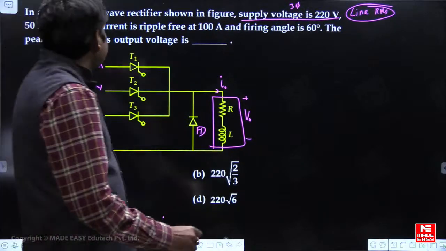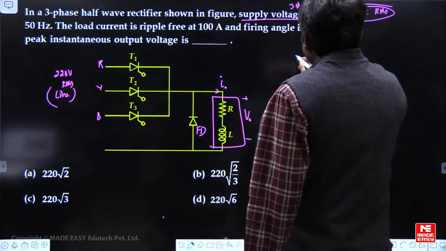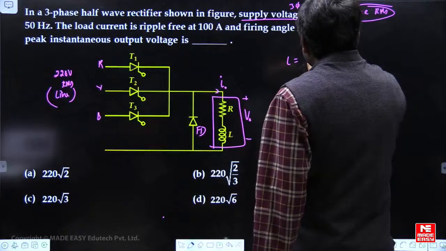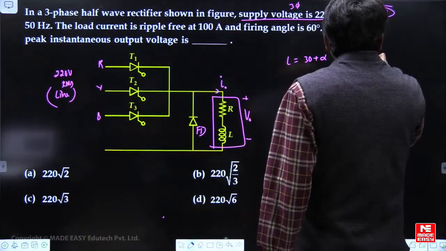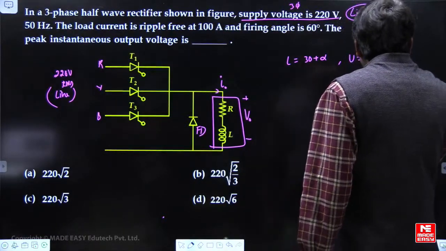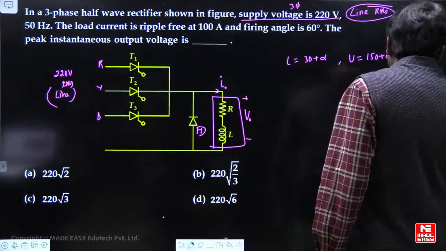Now firing angle alpha is equal to 60 degrees. See here. First of all, the lower limit is 30 plus alpha and the upper limit is 150 plus alpha. These limits are valid for the reference pulse. Our reference pulse is VR phase.